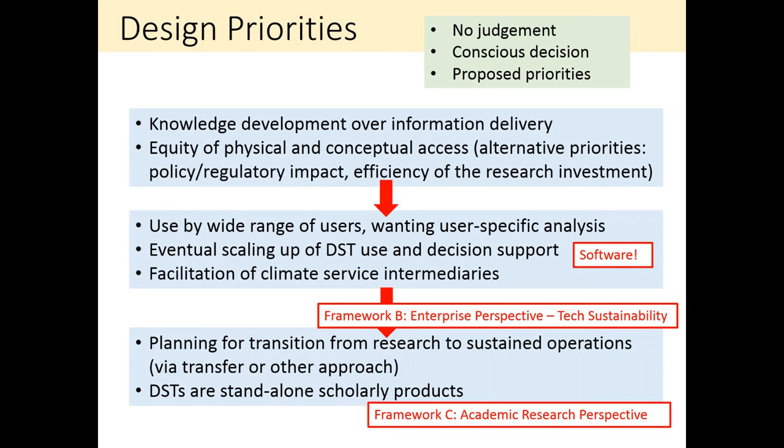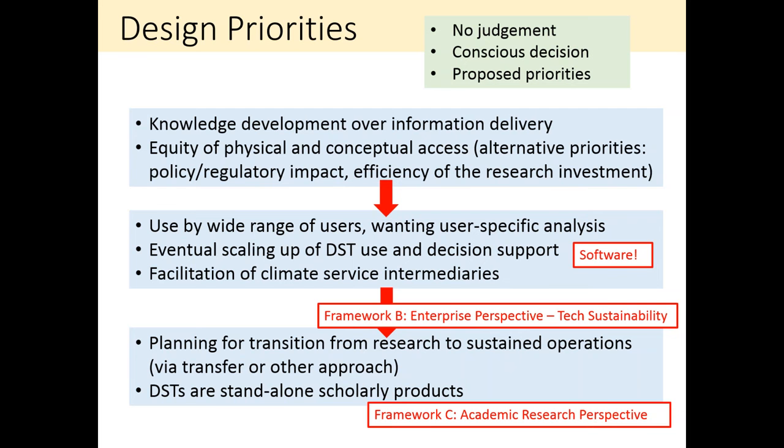And then the other is that if these decision support tools can be major investments of time and people's attention and money, how can we evaluate these tools beyond just a software product, but from an academic perspective?